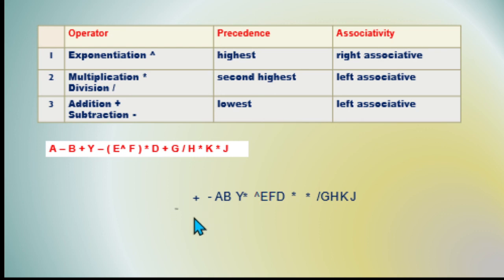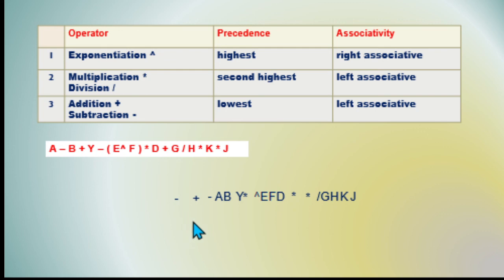So it's now equivalent to - + - A B Y * ^ E F D. So this is now one operand.